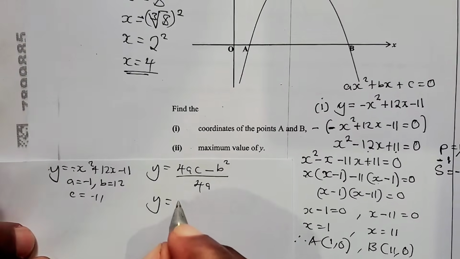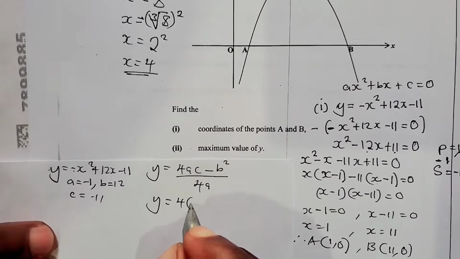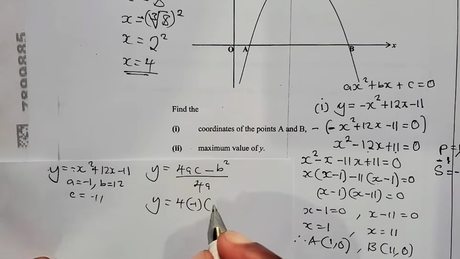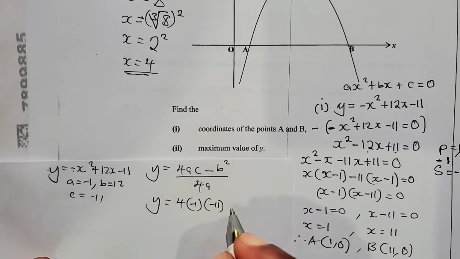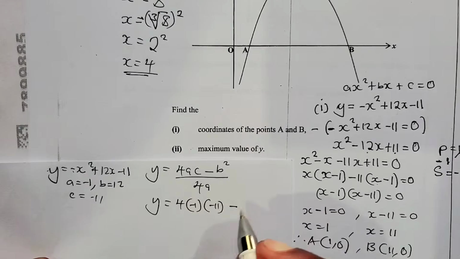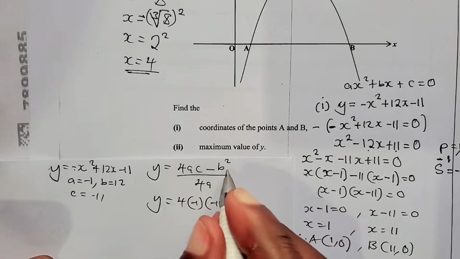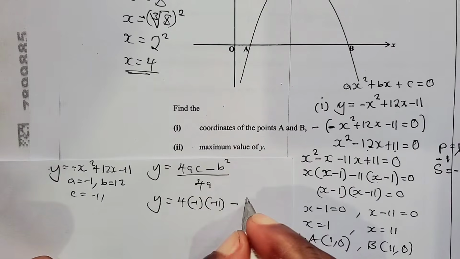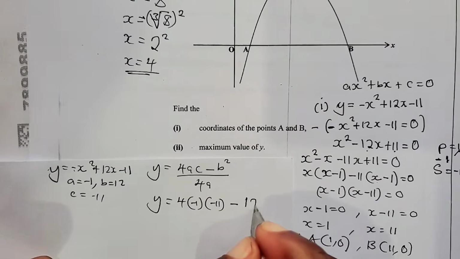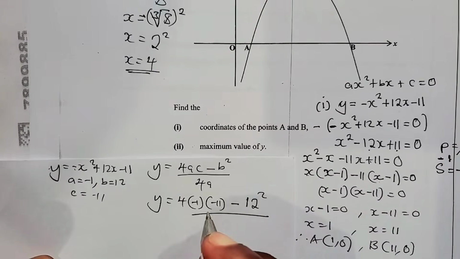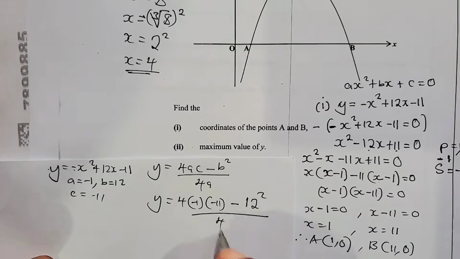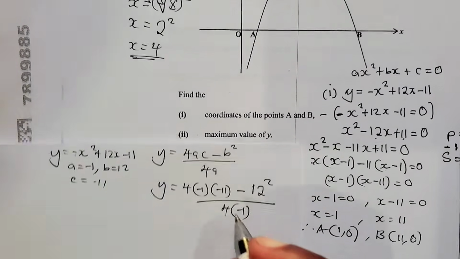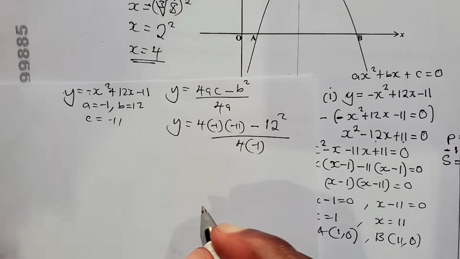So y equals 4 multiplied by a, which is negative 1, c is negative 11, minus b, which is 12, squared, over 4 multiplied by a, which is negative 1.